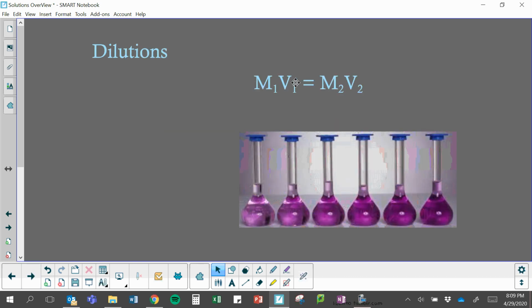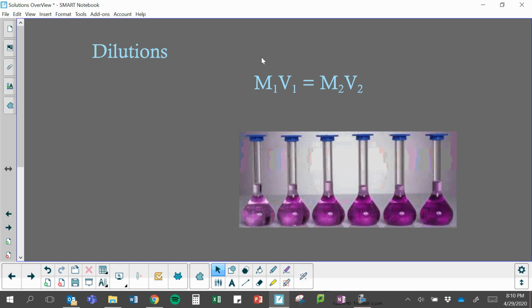Okay, and so in order to calculate how much we would have to add to get a specific molarity, we can do something called dilutions, where we dilute our sample so that it is a particular molarity that we want. And we're basically doing a ratio when we're doing these calculations. And this is a pretty handy and helpful calculation. It is M1V1 equals M2V2. So this equation is telling us M1, the molarity 1 times the volume 1 equals the molarity 2 times the volume 2.